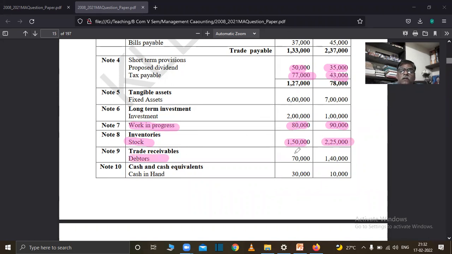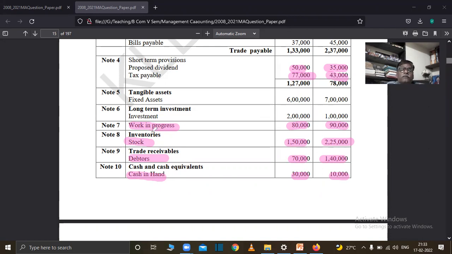Then debtors, 70,000, 1,40,000. Again, there is 70,000 increase. You write in the increase column. Next, cash in hand, 30,000, 10,000. So 20,000 decrease amount, you write in the decrease column.